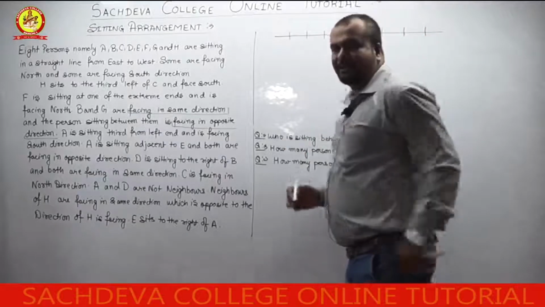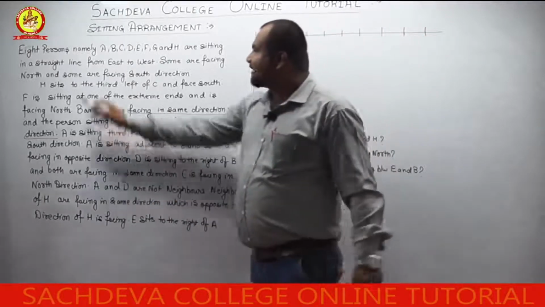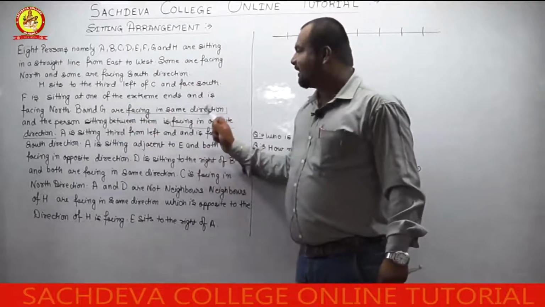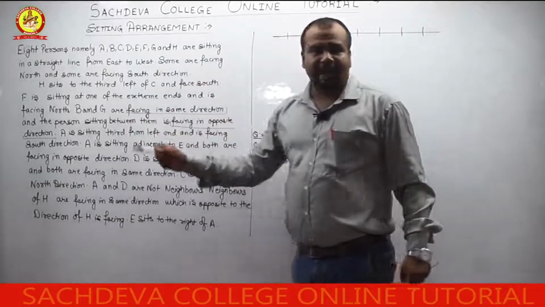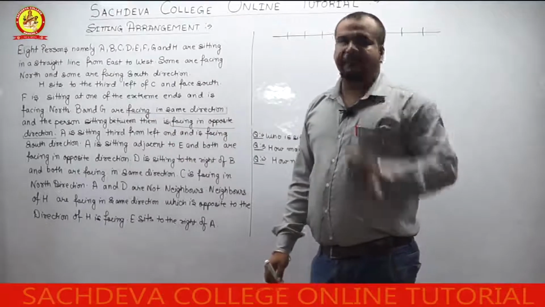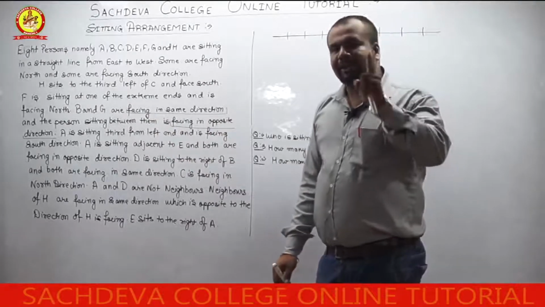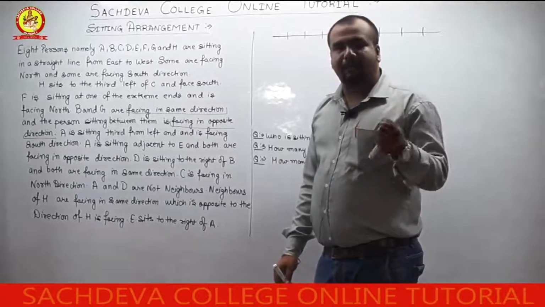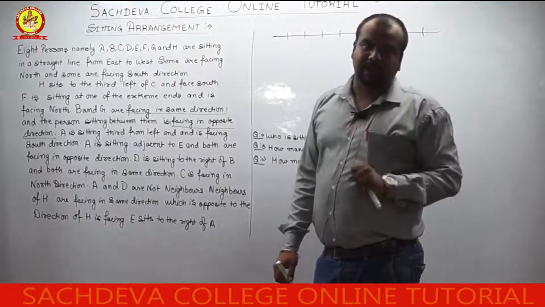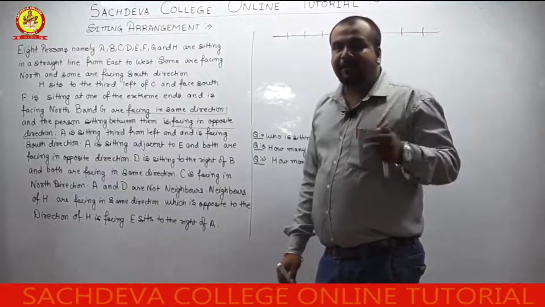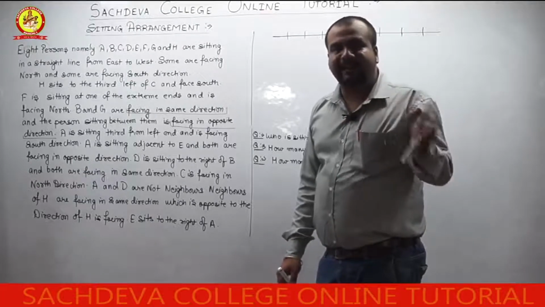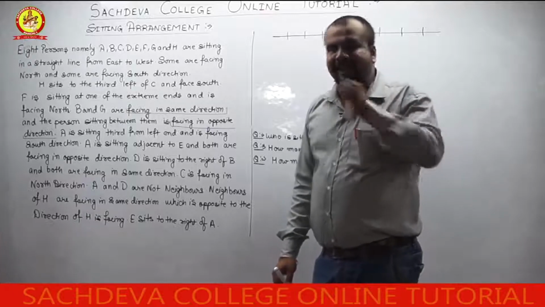But as soon as you see questions where some are facing north and some are facing south, and again you have facing in same direction, then facing in opposite direction, be confirmed with one thing. The confirmation should be that in this particular question, somewhere ahead you will certainly have confusion. That is, there will be n number of options, that is, you have to go through different choices, that this can also be possible and again this can also be possible.